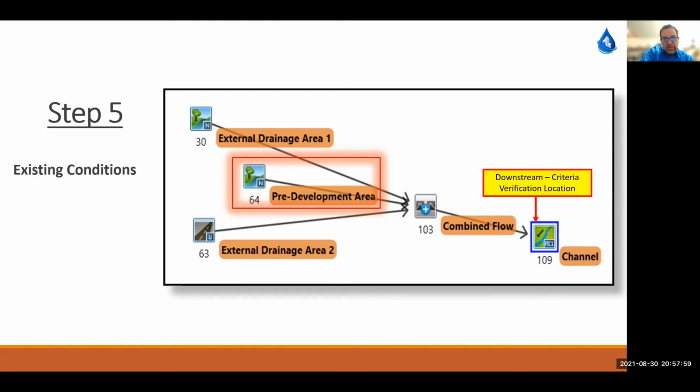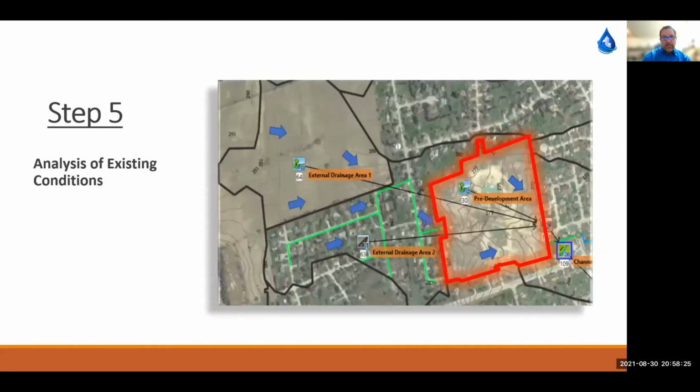I refer to that as the external drainage area 2. And then you see the area encompassed by the red rectangle, which is the proposed development area. In this case, it's under pre-development conditions. Then all of this combine and reach an outlet point that I'm going to use to assess impacts and whether or not we're meeting specific criteria or not.